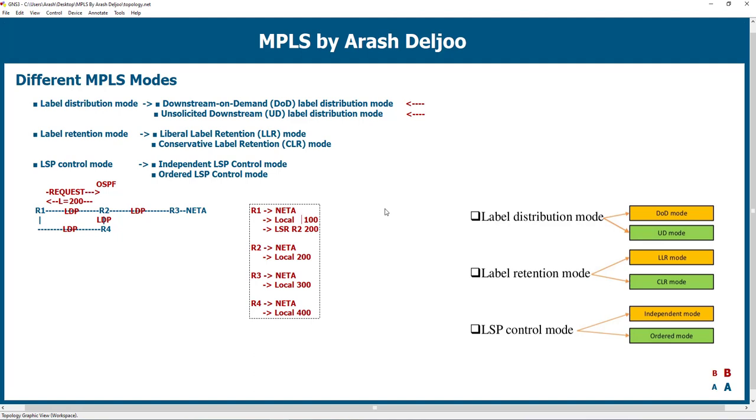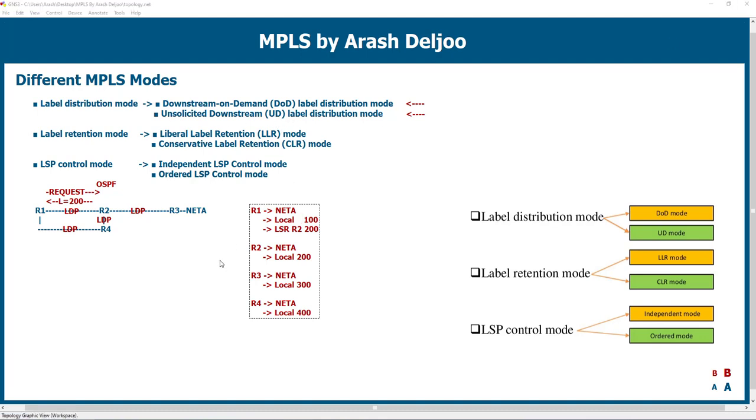Because of that, only one label from remote routers exists in the LIB, and we can use it. But if you remember, we didn't use this method in our scenarios. Why? Because we don't use Downstream On Demand in frame mode MPLS. We use Unsolicited Downstream, UD label distribution mode.